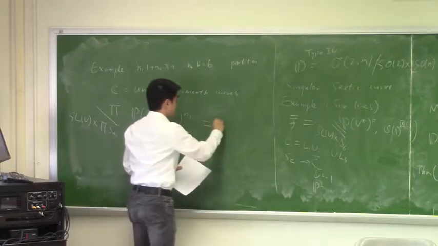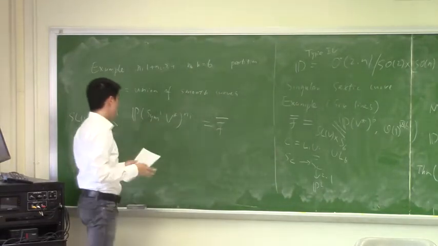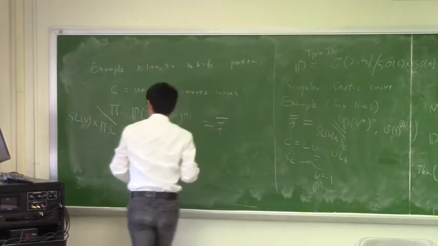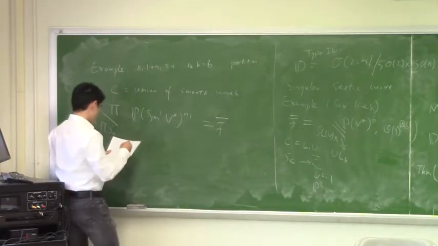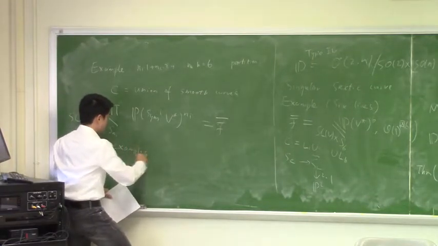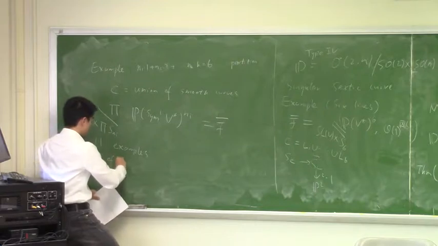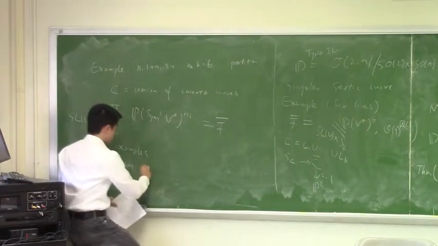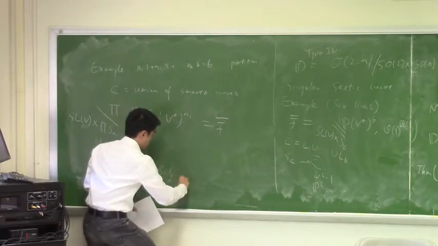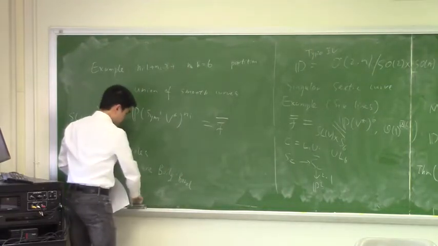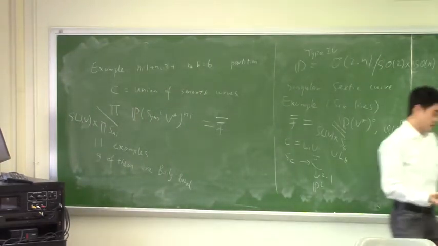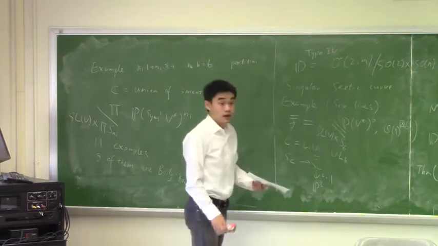So this is an F. So we identify this with the type 4 Looijenga compactification of type 4 domains, and we have 11 examples of this type, and 8 of them are Baily-Borel. So this includes some examples studied by Laza and his students.